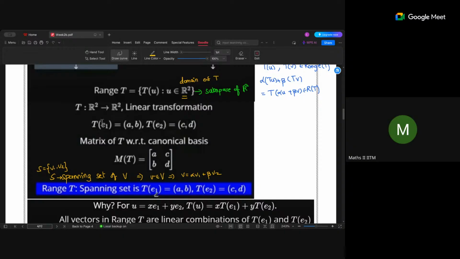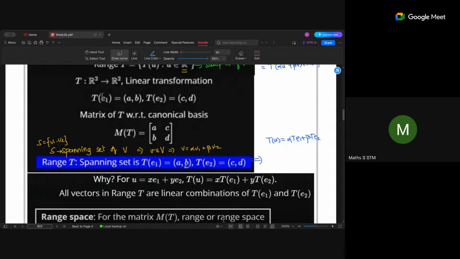Now we are saying that Te1 and Te2 are a spanning set for the range of T. This means we are claiming that if you take any T of u, you can express it as alpha Te1 plus beta Te2. So here is the explanation. Let's take any T of u.